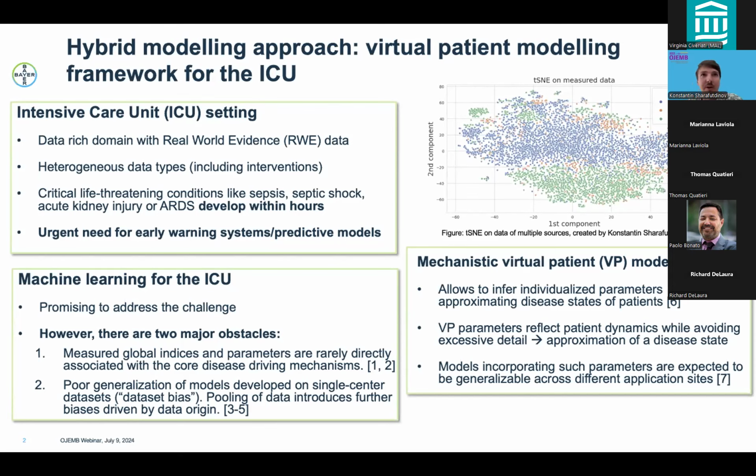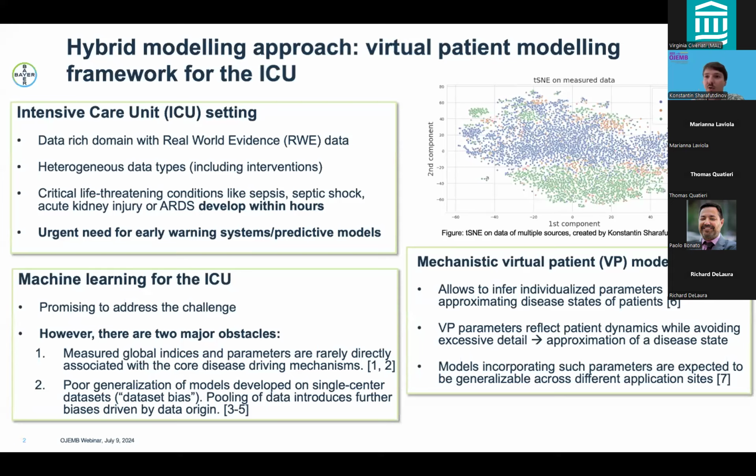These are very critical, very morbid states that have high morbidity and mortality, and therefore there is an urgent need to develop early warning systems and predictive models for this. So this domain fits quite nicely for the application of data-based models.